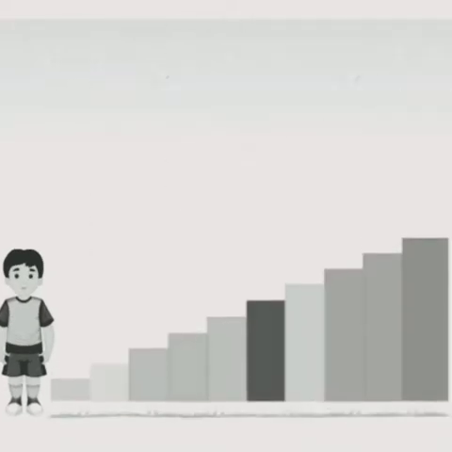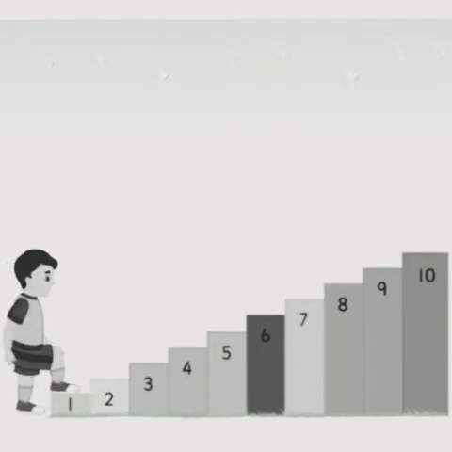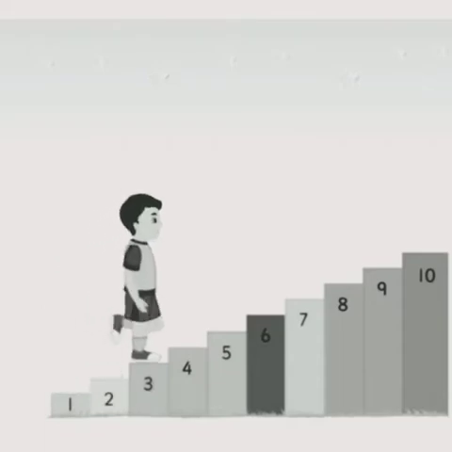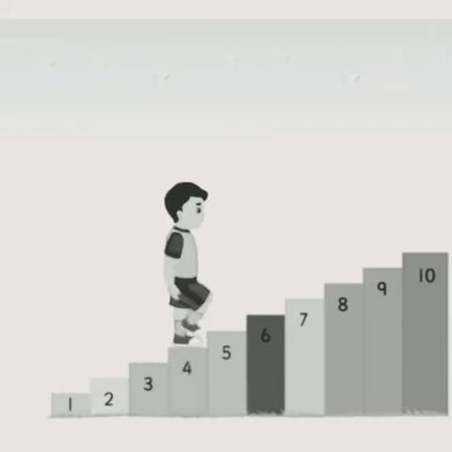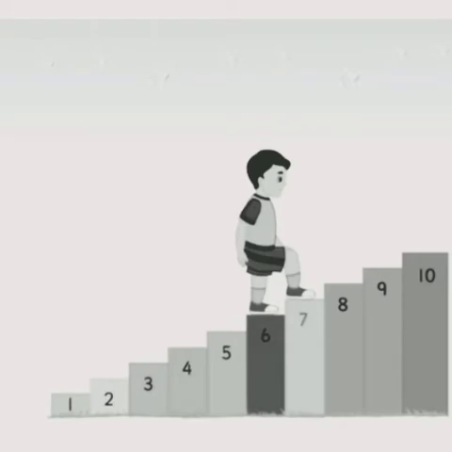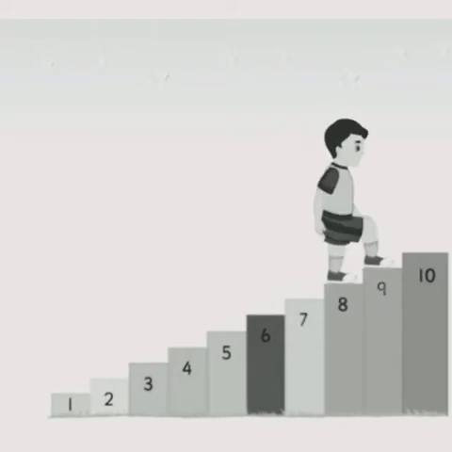This boy has to climb 10 steps which are numbered 1 to 10. He starts from step number 1, then he climbs to step number 2, then step number 3, 4, 5, 6, 7, 8, 9 and finally to step number 10.